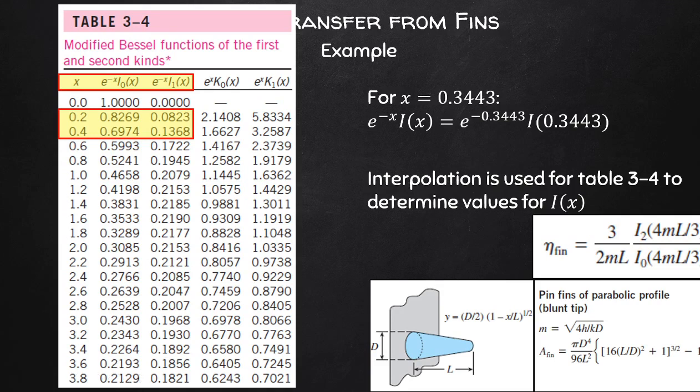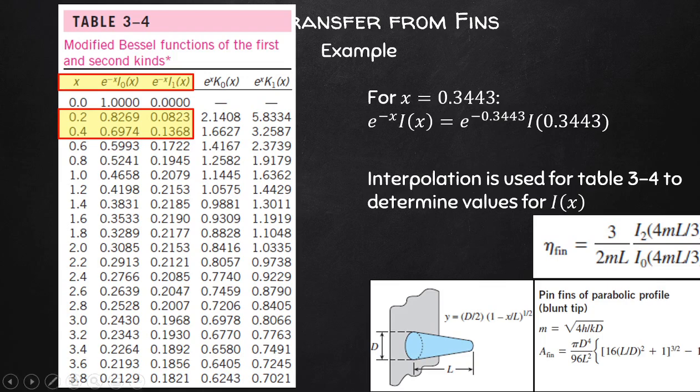So the two Bessel functions I0 and I1 is what we want to calculate. And the e to the negative x times I0 is given to us in the table. Here you can see it's 0.8269 and 0.6974 for the one Bessel function, and then the other one 0.0823 and 0.1368. Okay, so we want just I.